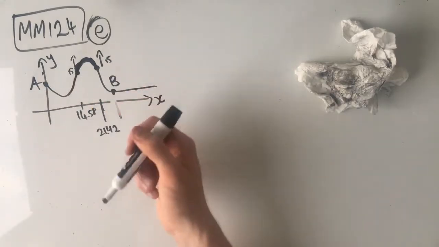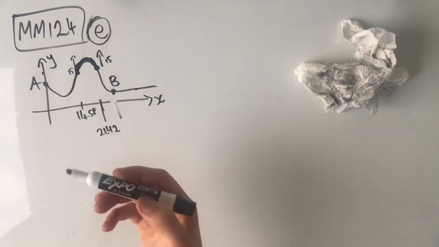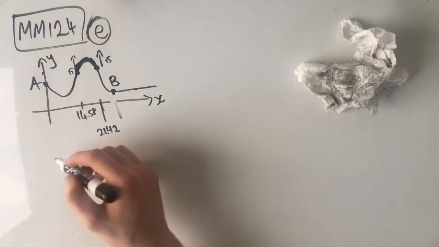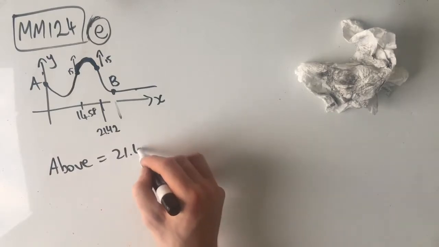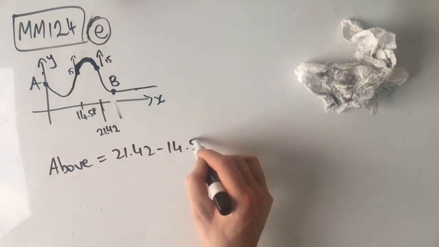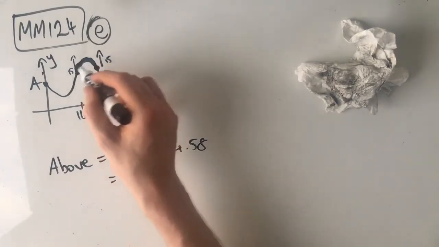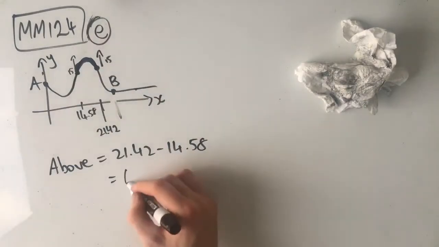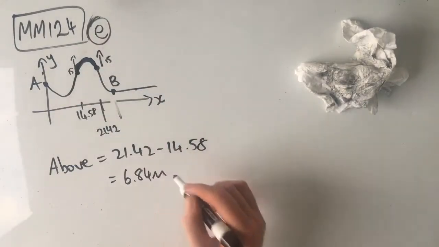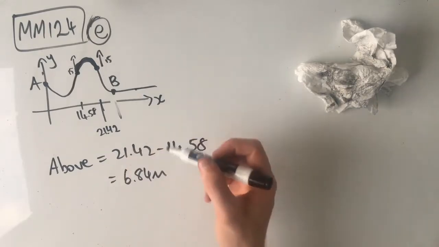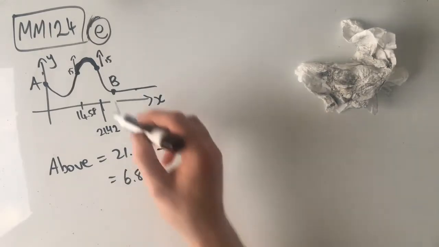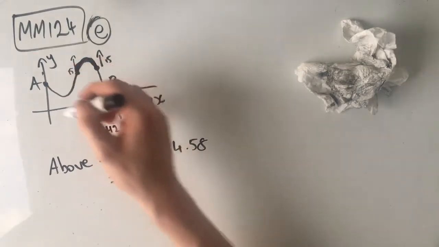So here it's above 15 meters, which means that everywhere else it's below 15 meters. So let's work out the distance it's at above 15 meters, which will give us 21.42 minus 14.58. That'll be this section in here, and that will give us 6.84 meters. Now, what we need to do is work out the distance that it's under 15 meters.